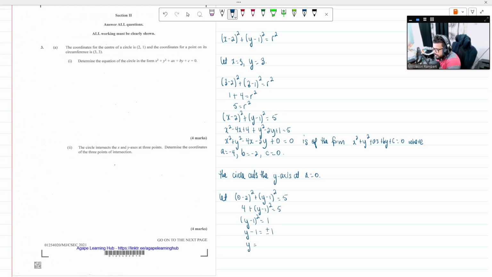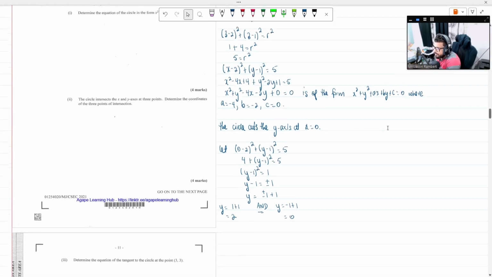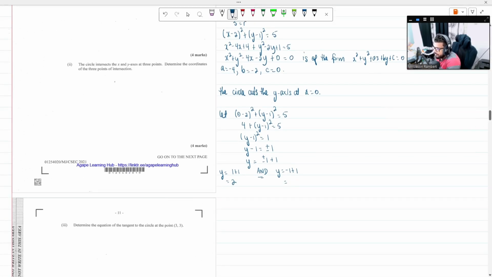And y is going to be equal to plus or minus 1 plus 1. So y is equal to 1 plus 1, which is 2. And y is going to be minus 1 plus 1, which is equal to 0. So I get 2 points of intersection here.